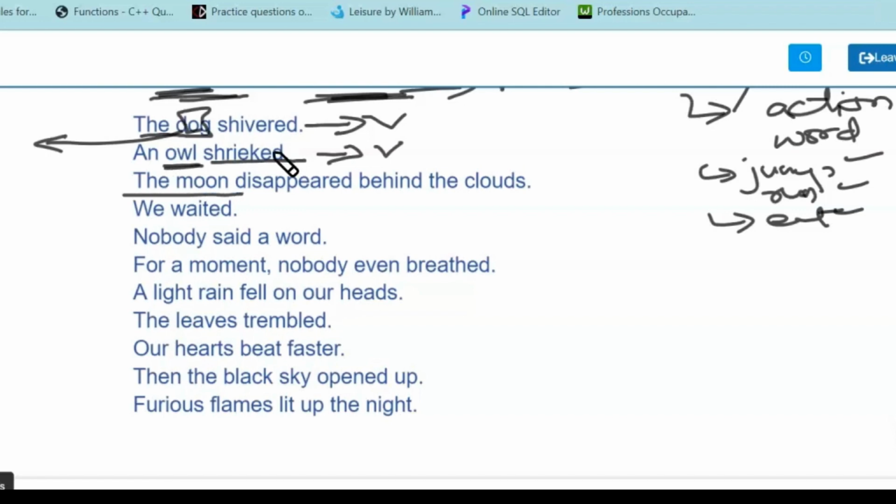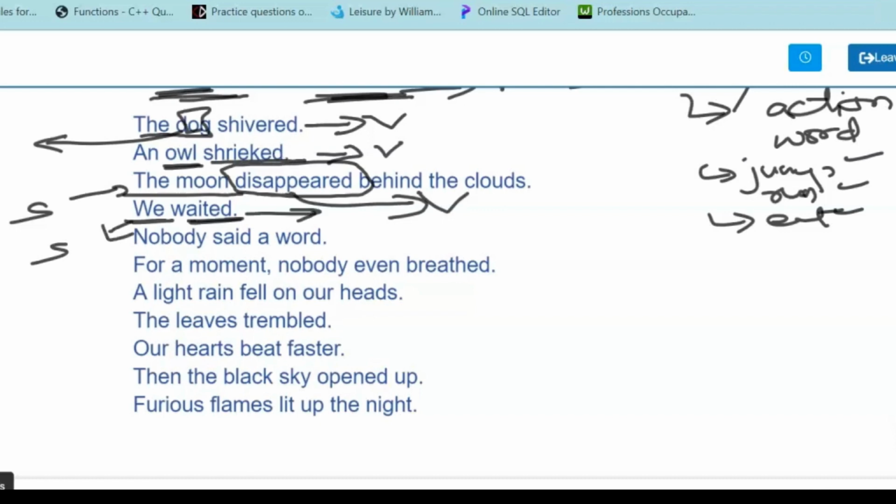The moon disappeared behind the clouds. So disappeared is a kind of action by the moon. So moon is subject, this is verb. We waited. We can be the subject, and waited is a kind of action that is being done by us. So it is verb. Nobody said a word. So nobody can be subject and said is the action word or verb.